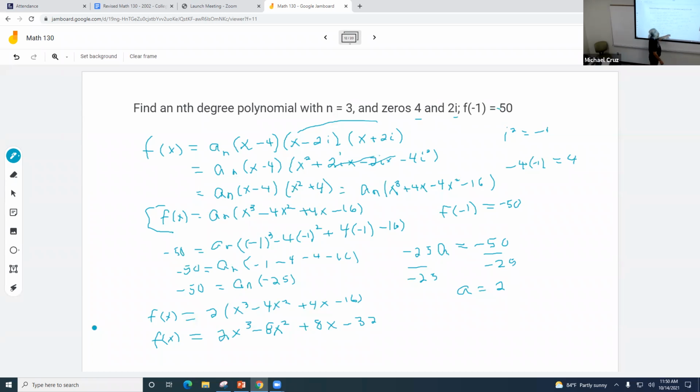That's why I wrote over here -25a is equal to -50, because over here was backwards. Then it's just a 1 step solve, dividing by -25 to get the a alone. And then -50 divided by -25 gives us that 2.